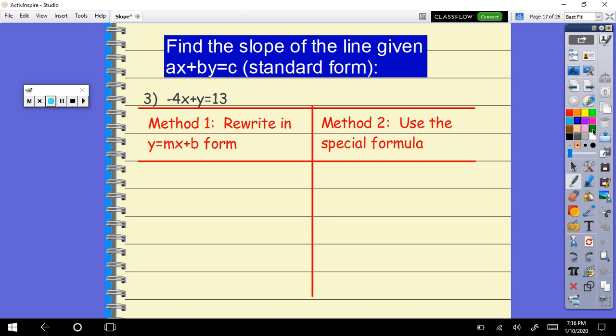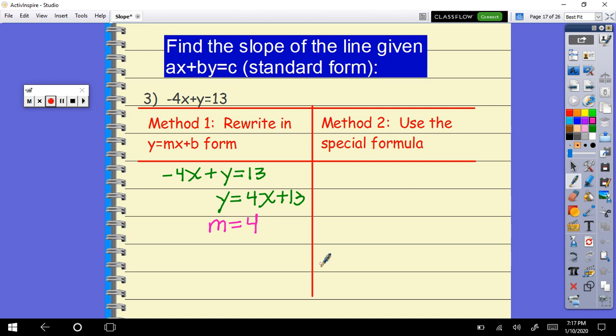This one's going to be pretty easy to take from standard form to slope-intercept form, because all I have to do is one step, and that's add the 4x over, and then the slope is right there. All I have to do is say the slope is 4.